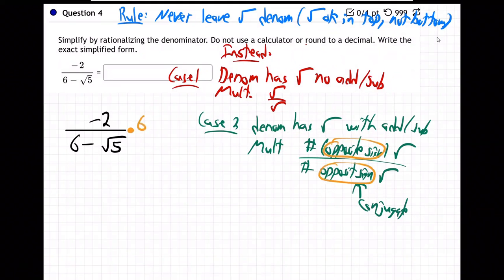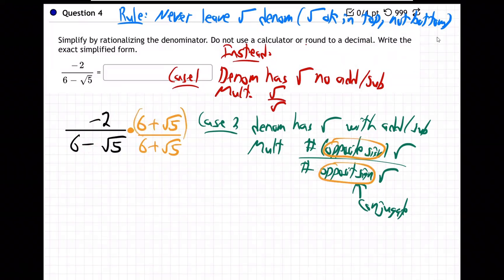So I'm going to go 6 plus root 5 over 6 plus root 5. See how I took the sign in the middle and did the opposite? If the original sign had been plus, I would be using minus top and bottom. Does that make sense? Opposite sign in the middle.